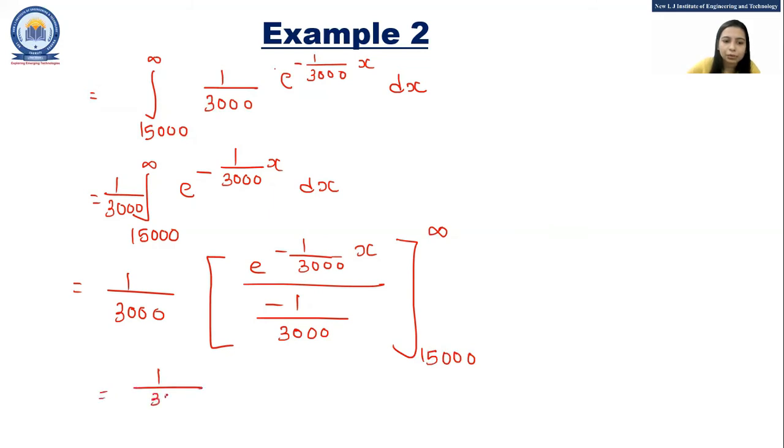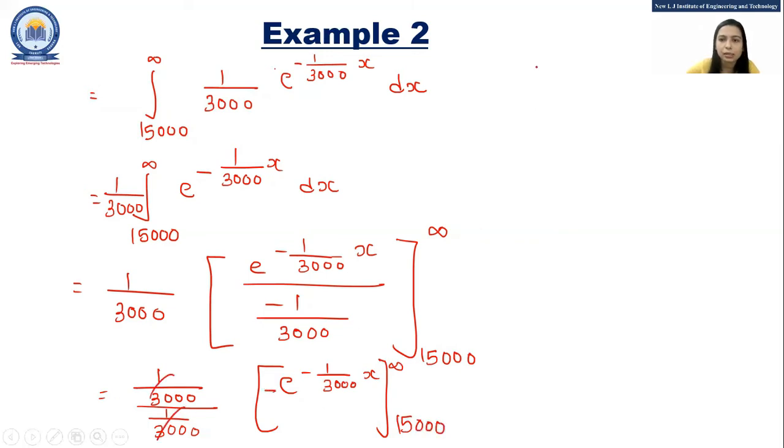So 1 by 3000 upon 1 by 3000 is cancelled. Over here there is a sign of minus. So e raised to minus infinity plus e raised to minus 5, which is equal to e raised to minus 5.